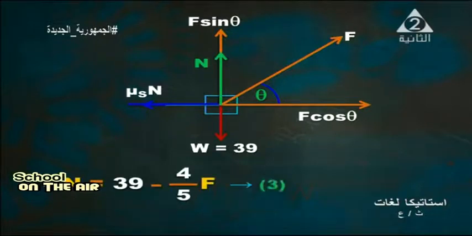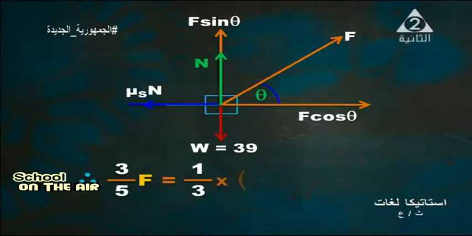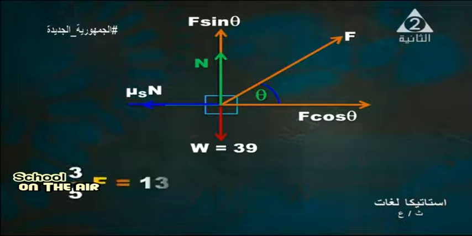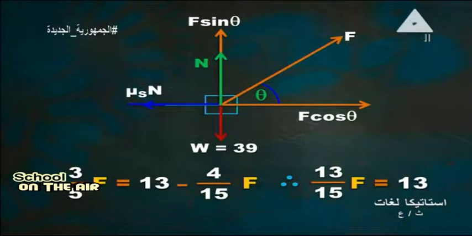Therefore, we find N from equation 2: N equals 39 minus 4/5 F. By substitution of N from equation 3 into the first equation, 3/5 F equals a third multiplied by the bracket containing 39 minus 4/5 F. Therefore, my dear student, 3/5 F equals 13 minus 4/5 F. We add like terms, therefore 13/15 F equals 13.